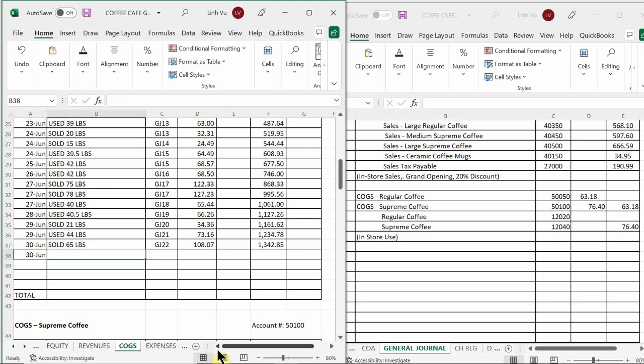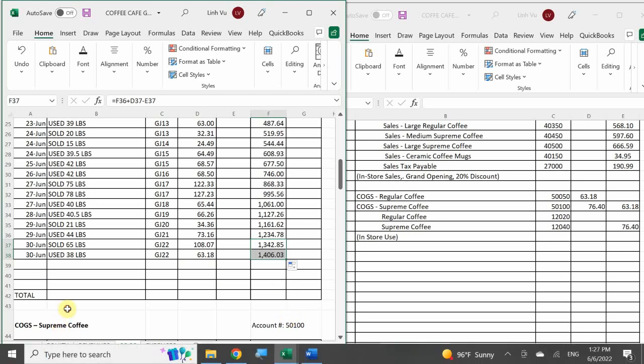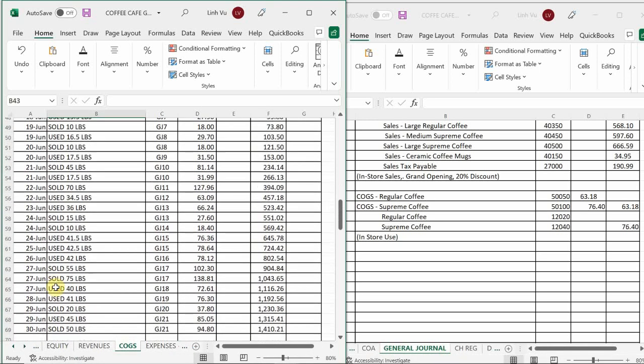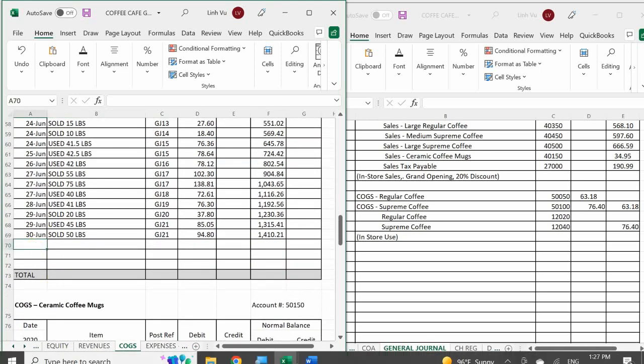Okay, we ended up using 38 pounds, which cost us $63.18. Okay, so that gave me a grand total cost of goods sold for the regular coffee of $1,406.03.